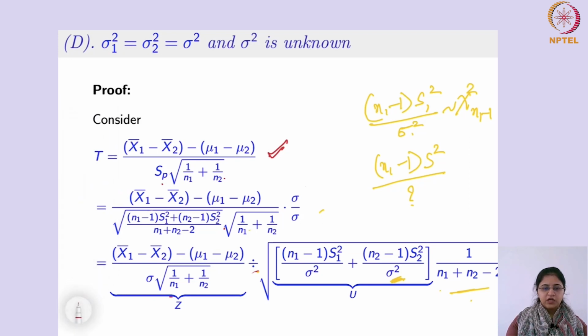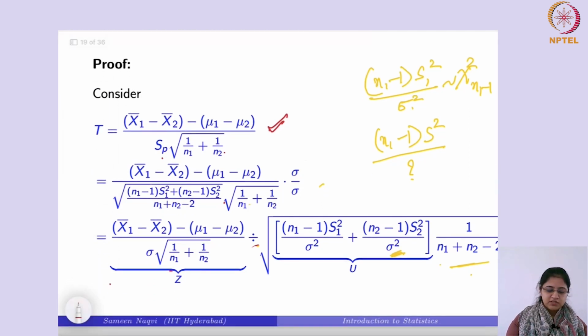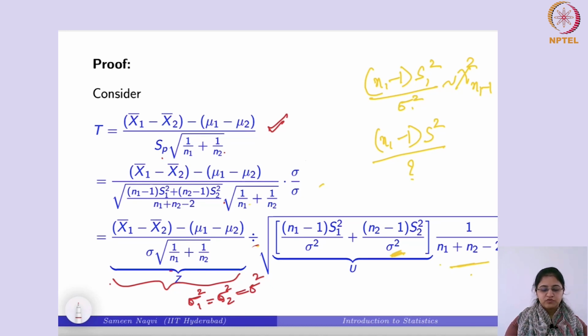Now if you look over here, this is the term which is basically your standard normal variate, which is coming from your second theorem, where sigma 1 square and sigma 2 square are the same, equal to sigma, and known. In that case, the normal distribution would be there, but sigma times this would be there.